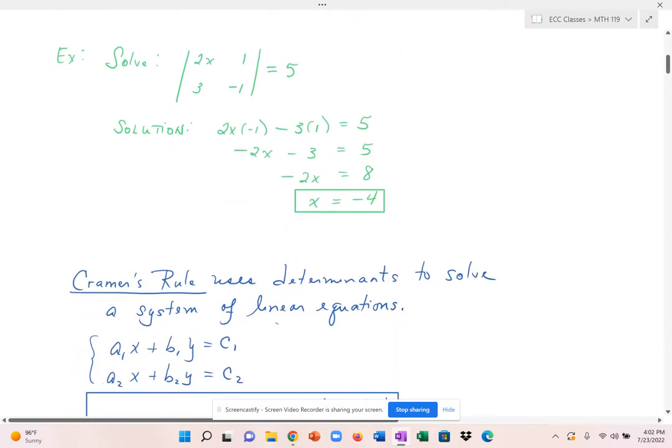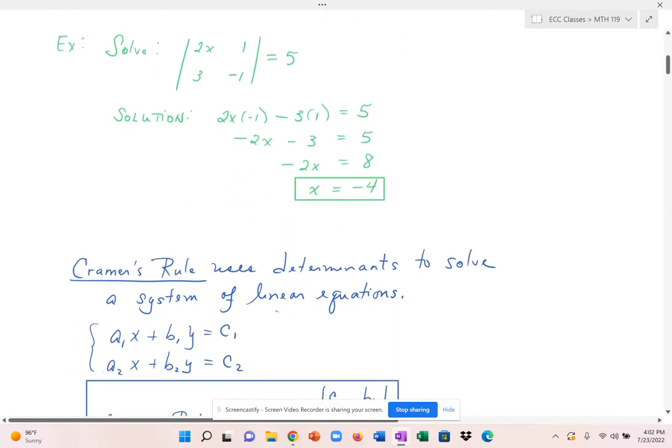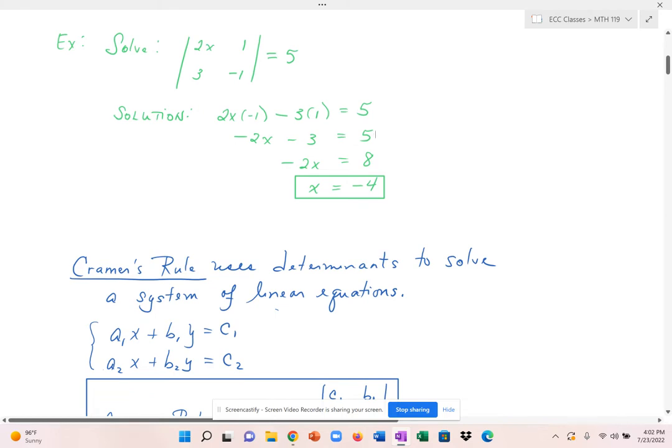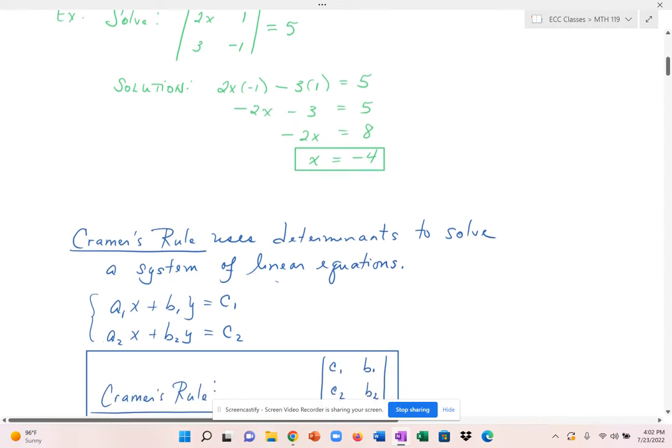Okay, so we have a rule called Cramer's rule, which uses determinants to solve a system of linear equations. We're going to be able to use Cramer's rule in both a 2 by 2 system with 2 variables, 2 equations, and then later in the lesson we'll use Cramer's rule to solve 3 equations with 3 variables.